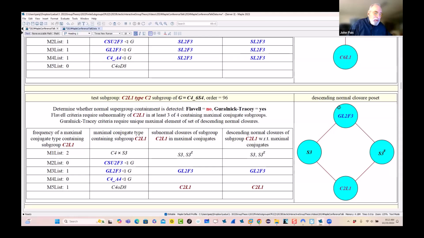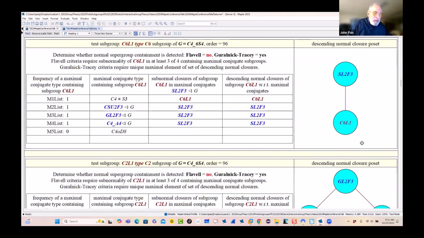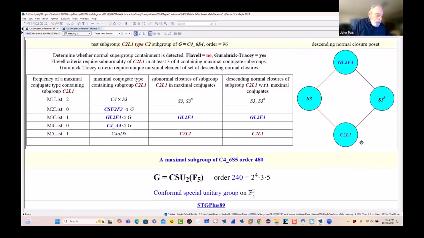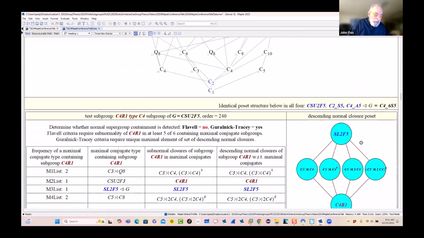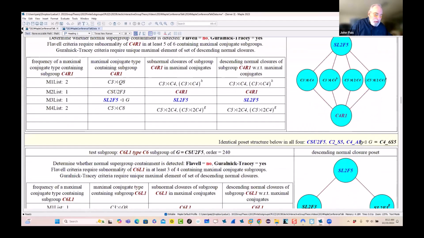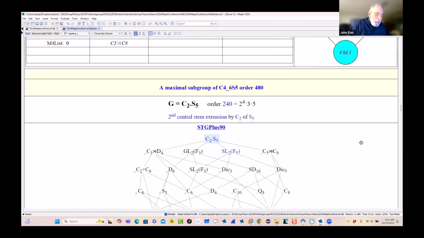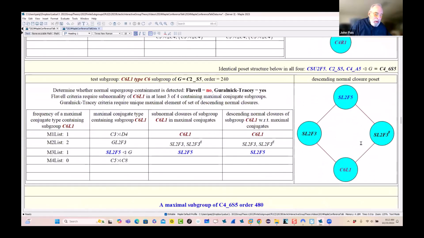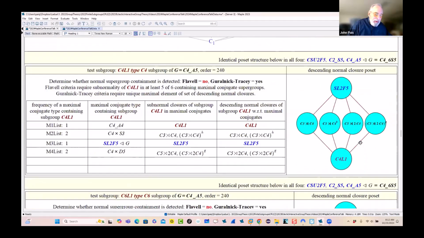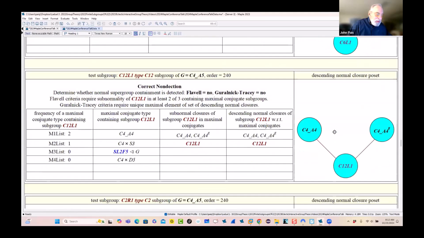Okay, and so you notice that in each one of those. Remember, blue means normal. Okay, so there's several more. You can get all kinds of pretty pictures here. A couple more things I want to point out real quick: there's correct non-detection.